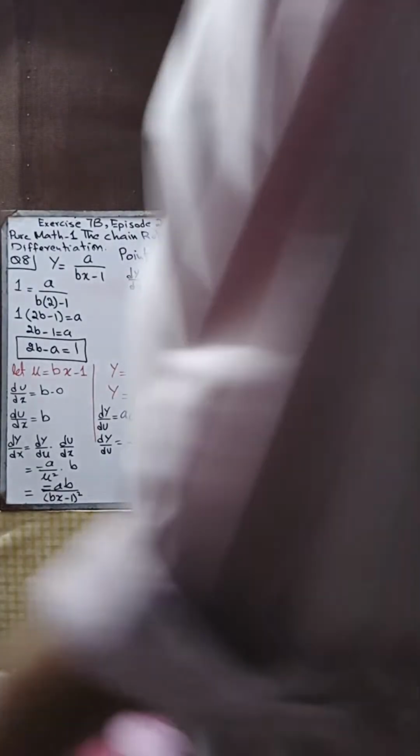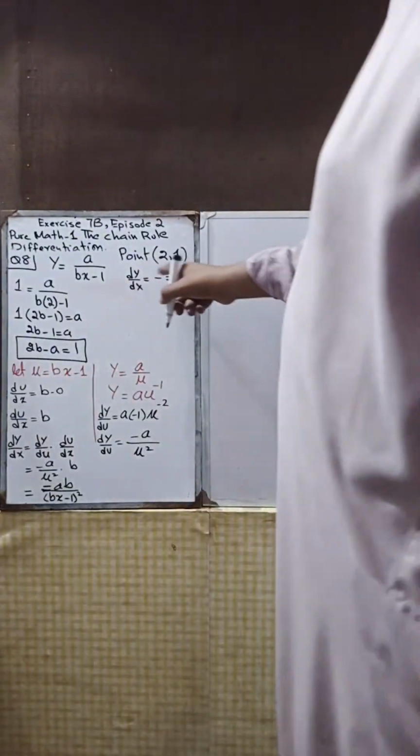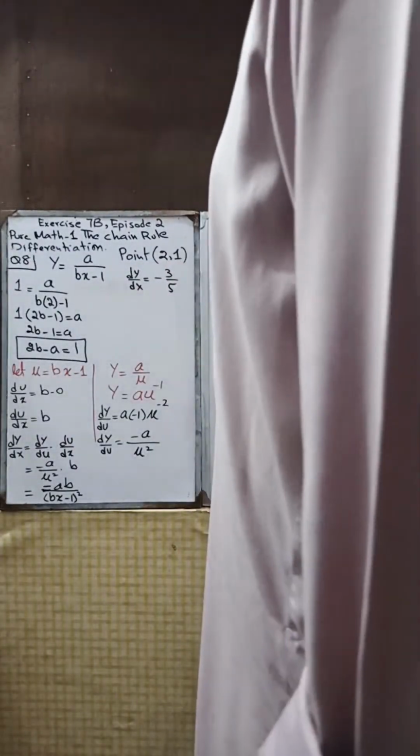Okay. Now, let me do it here. We know that the derivative value when x is 2 is minus 3 by 5. So it will become minus ab divided by (b into 2 minus 1) whole square is equal to minus 3 by 5.